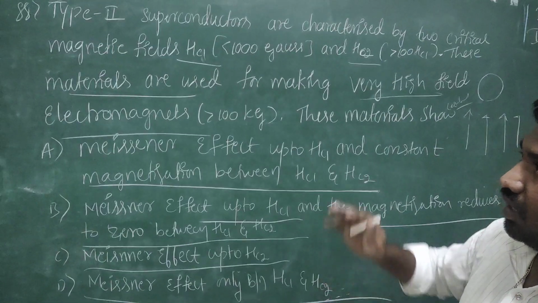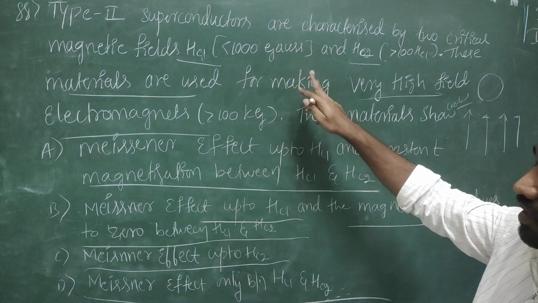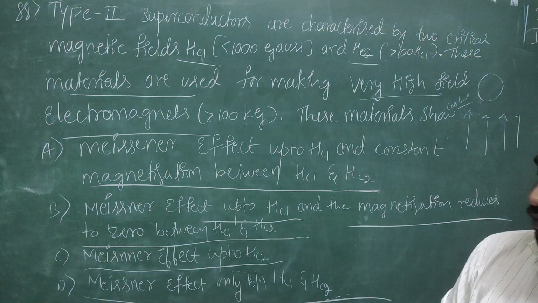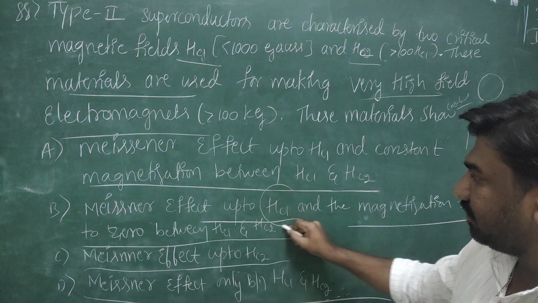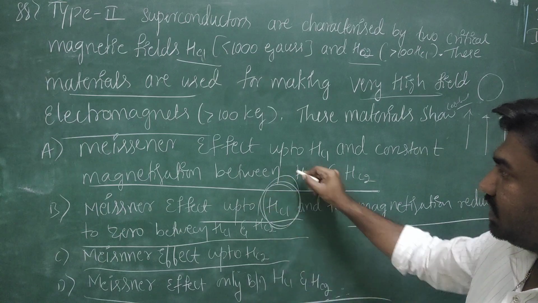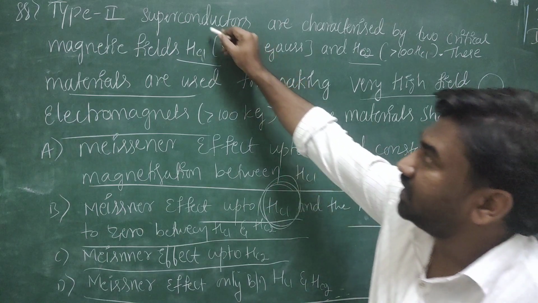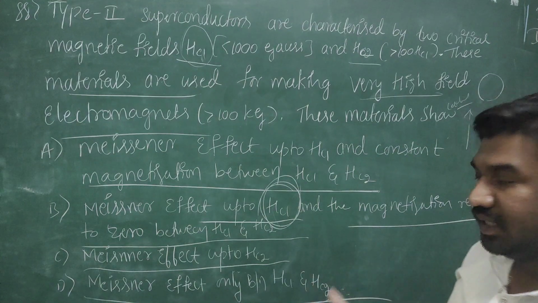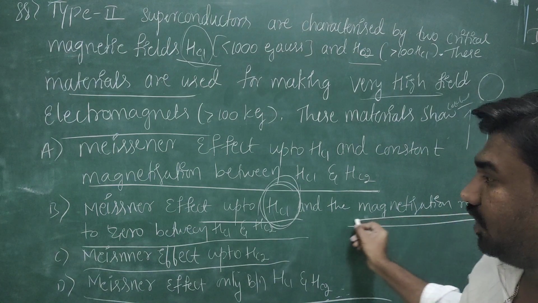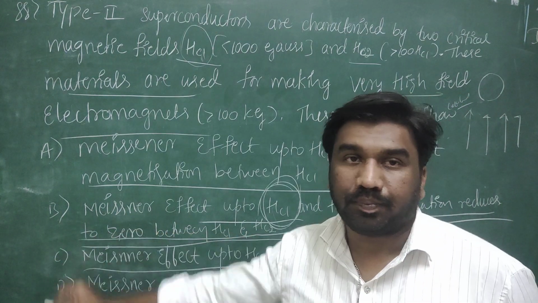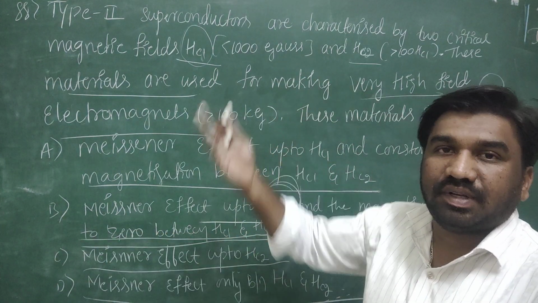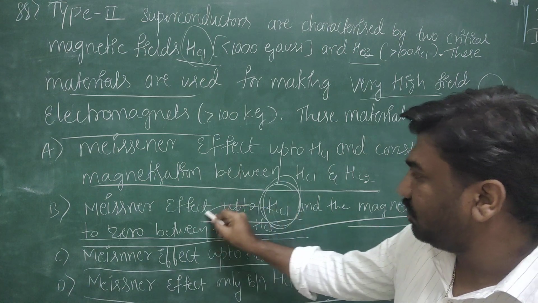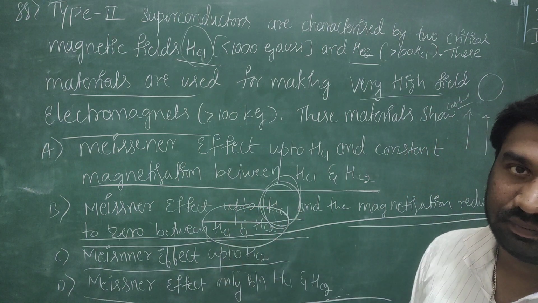And the type 2 superconductor shows the Meissner effect only up to Hc1, and when the field still increases, then what happens? Its magnetization reduces to 0 after Hc1. So that's why the magnetization being 0 between Hc1 and Hc2 is the correct answer.